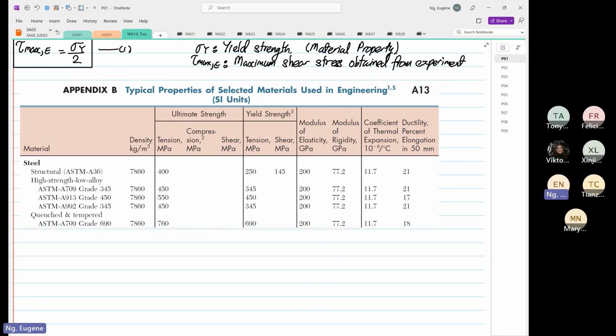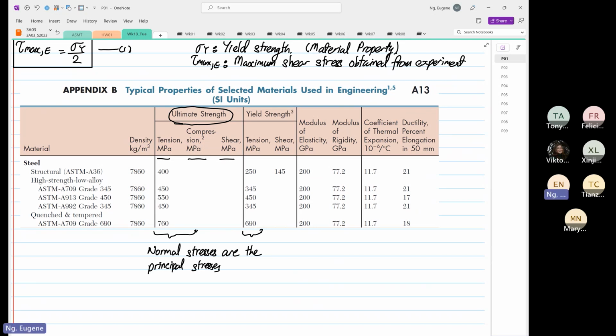Then you have density, and usually they show the ultimate strength, tested in tensile, compression, or shear. What you see here are all normal stresses, the principal stresses.